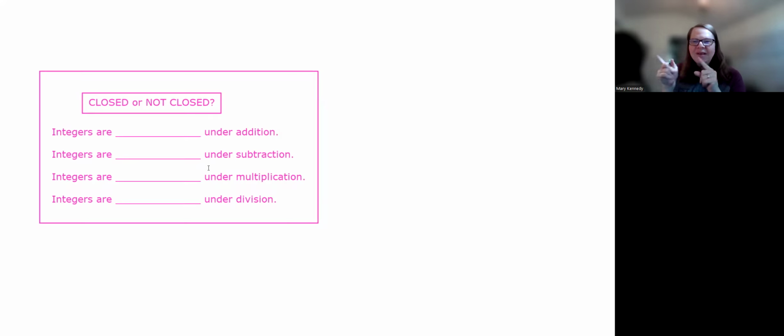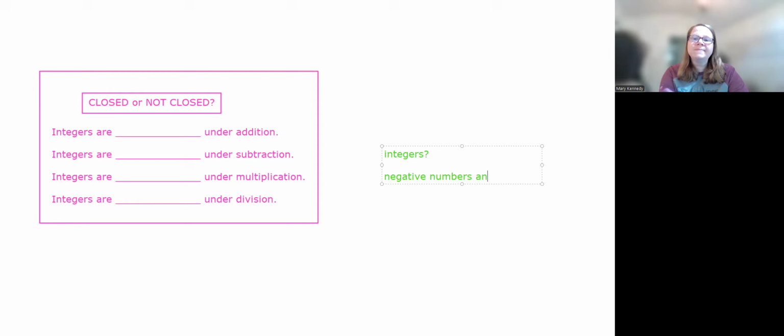Integers are either closed or not closed under addition, under subtraction, etc. There's a lot of stuff going on here, a lot of vocabulary that we want to think about. The first one I would say is, what are integers? Integers are negative numbers and positive numbers and zero, right?